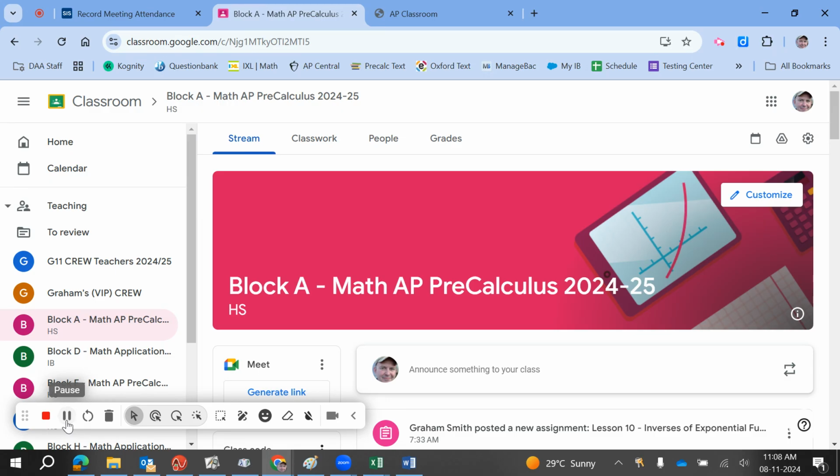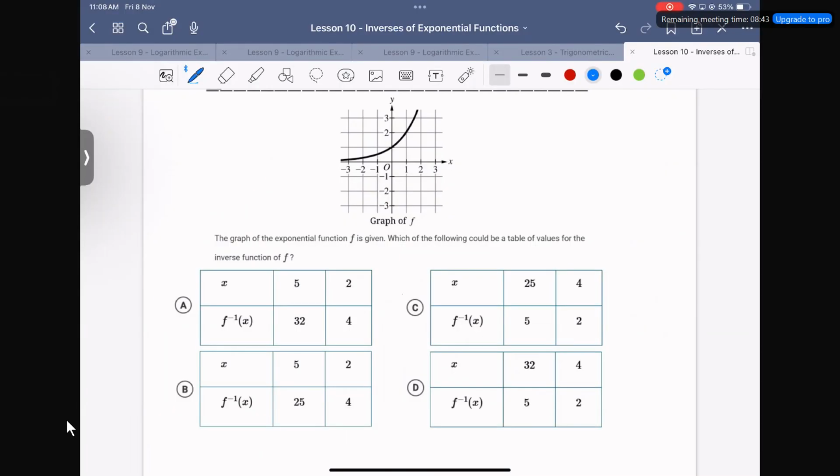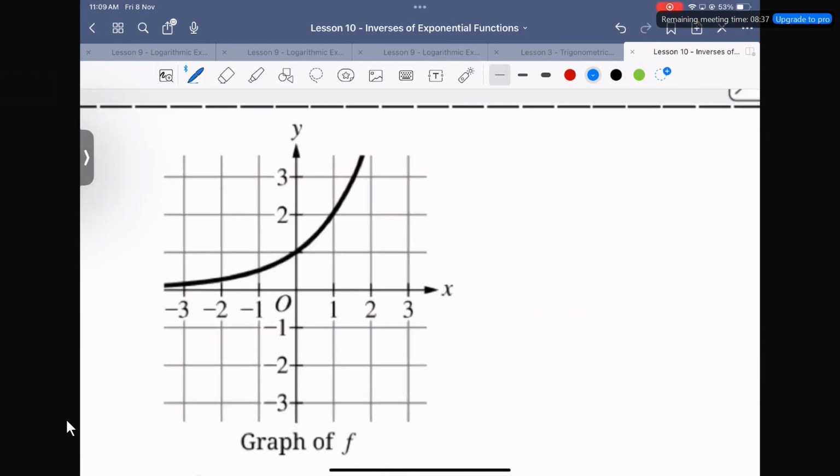The last question. Okay, so in order to answer this question, what I would recommend we do is read off some values. This goes through 0, 1 here. It goes through 1, 2. So let's make a table of values now.